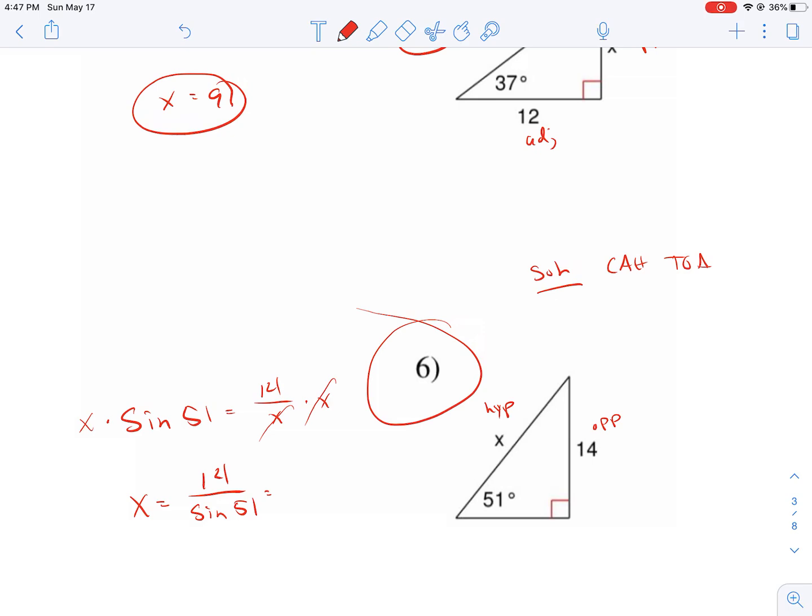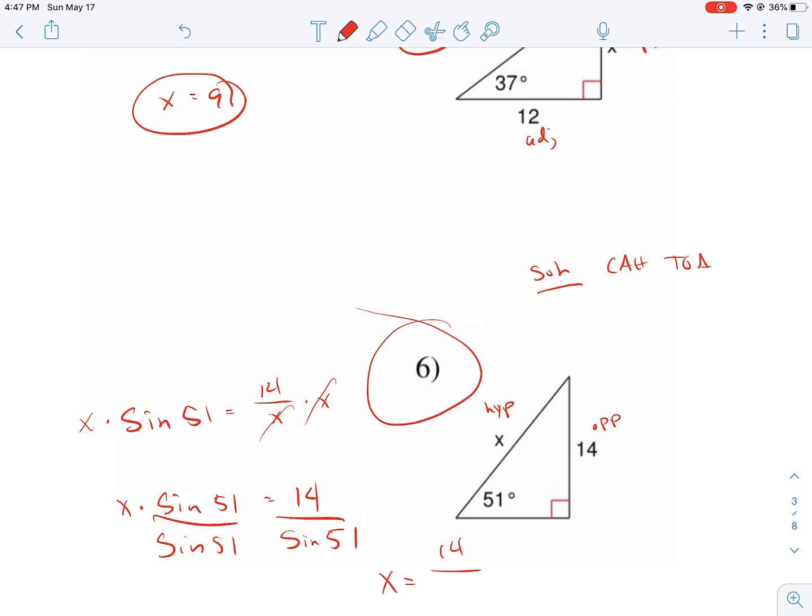I hope you guys are recognizing the process, so let me jump back a second. You have x times the sine of 51 degrees is equal to 14. So you divide by sine of 51 on both sides, and that's where I'm getting this answer.